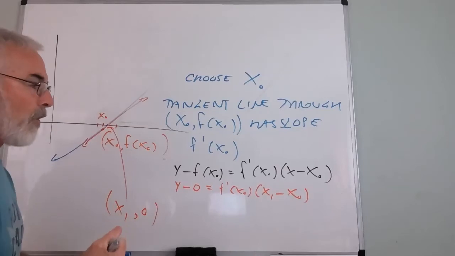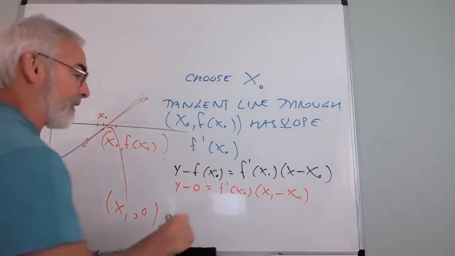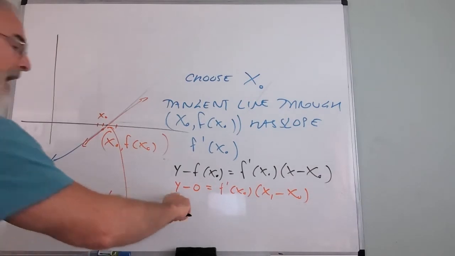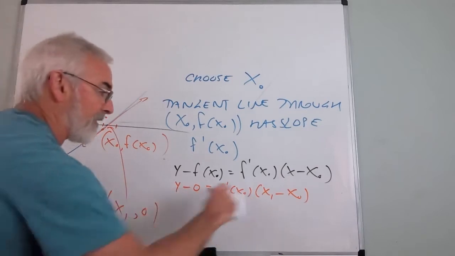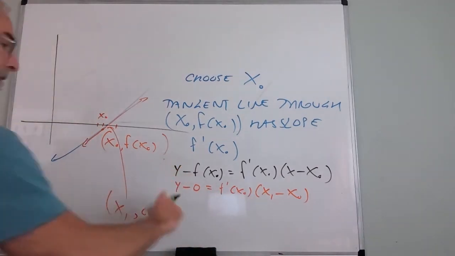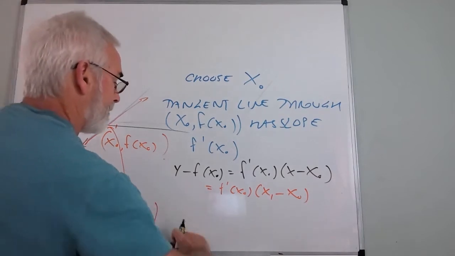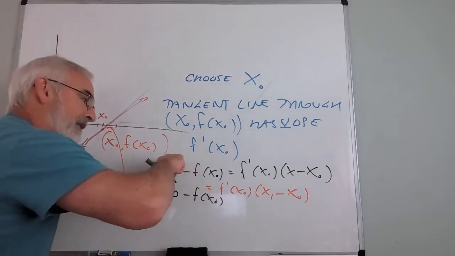All right, so what do I actually have? Well, this y value here was f of x0. Remember, that's where it came from. I've got this backwards, I'm sorry. This should be 0 minus f of x0. That y value is 0.